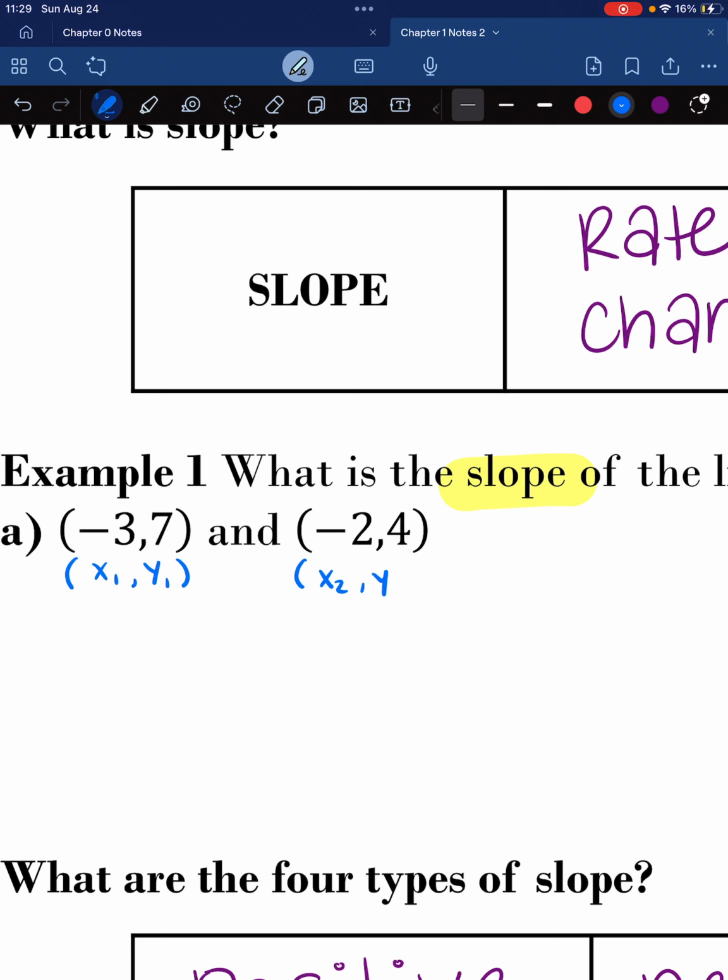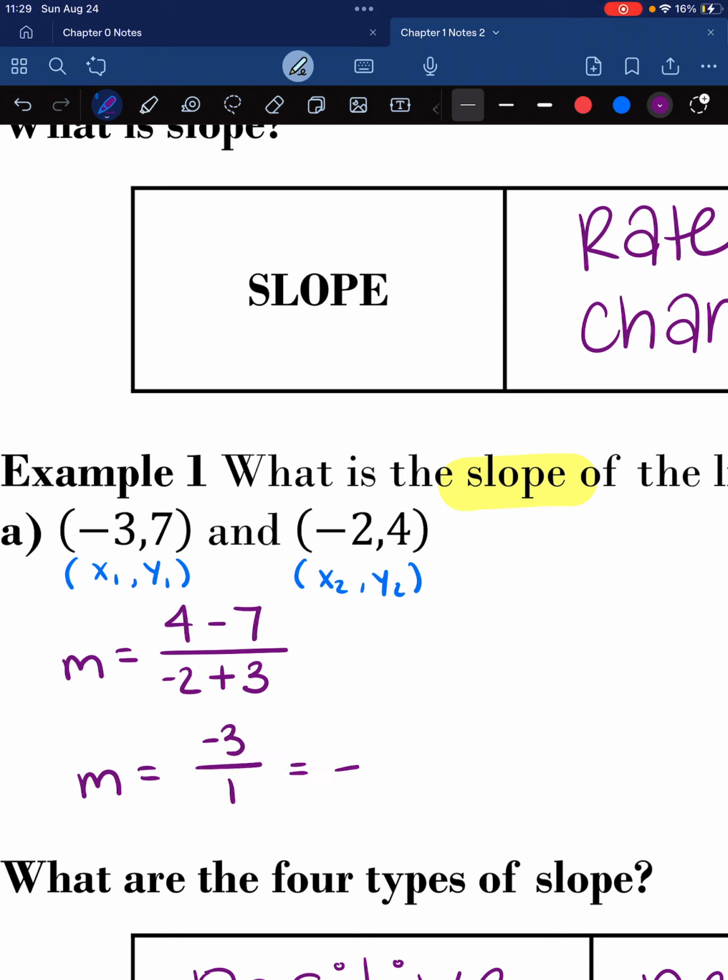We'll call this one x2, y2, and we will plug that into my slope formula. So m equals y2 minus y1 over x2 minus a negative x1. And we can simplify this. Slope equals negative 3 over 1, which is just negative 3.